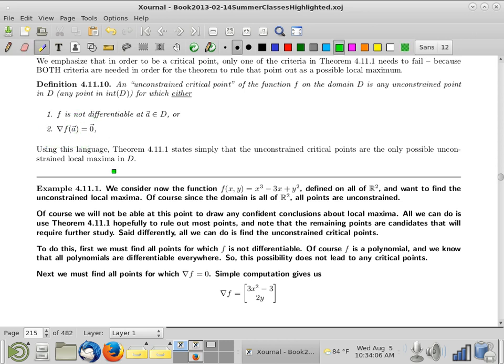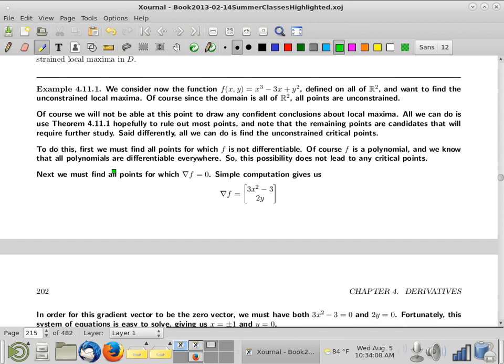Find your failures. Okay, so let's walk through this example. There's the function. Note that it's defined on all of R2. Note that every point in R2 is unconstrained. Right? R2 extends forever, so no matter where you are, every vector is a tangent vector.